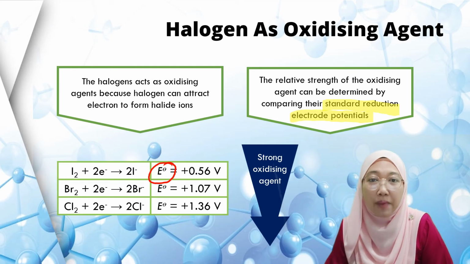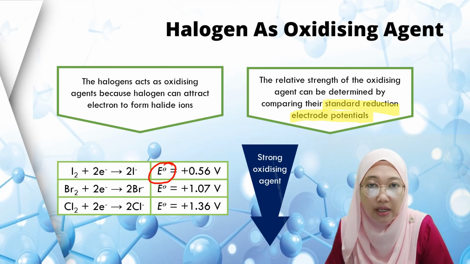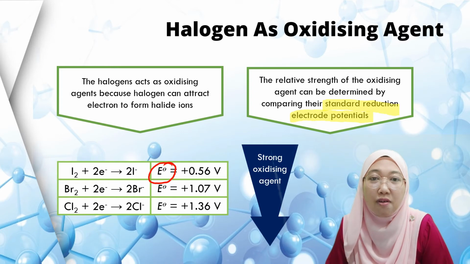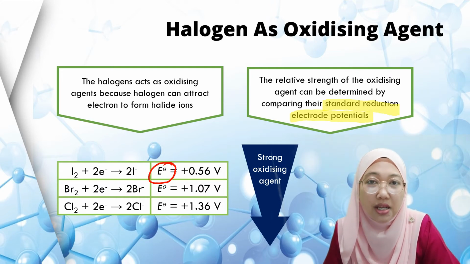Kita compare dia punya E naught untuk menentukan dia punya strength. Okay. The higher the E naught value, the stronger the strength of oxidizing agent. So kalau kita tengok di sini, chlorine is the strongest. Okay, sebab nilai E naught dia yang paling besar.